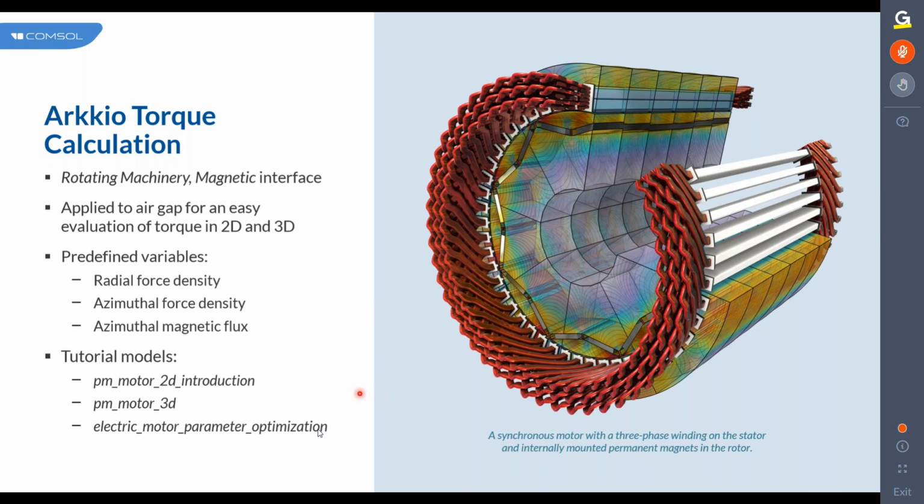We have several tutorial models both in 2D as well as 3D. After the session, I request all the attendees to go to the COMSOL website and download these tutorial models. Maybe I can go to the website and show it at the end of the presentation, if time permits.